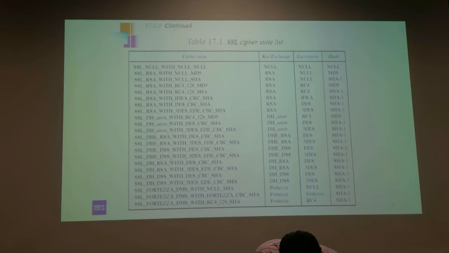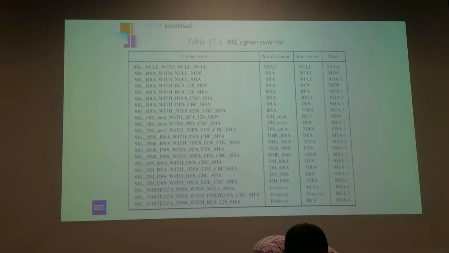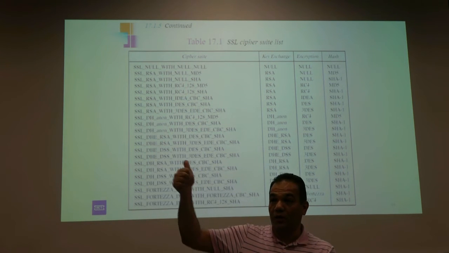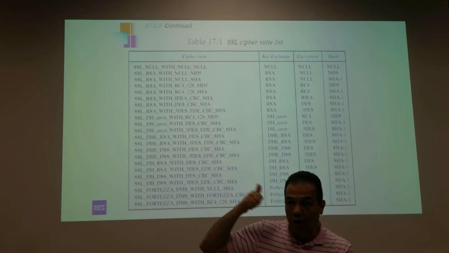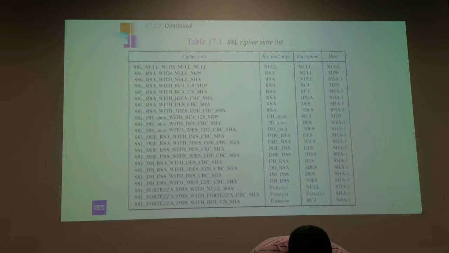To achieve message integrity and confidentiality, SSL needs 6 cryptographic secrets: 4 keys, and how many IVs? 2 IVs. The client needs 1 key for message authentication, which is the MAC, and 1 key for encryption.